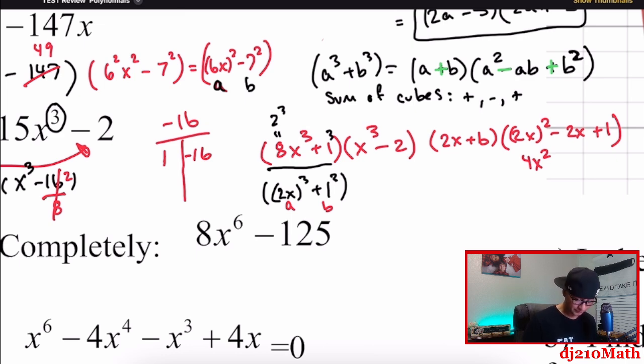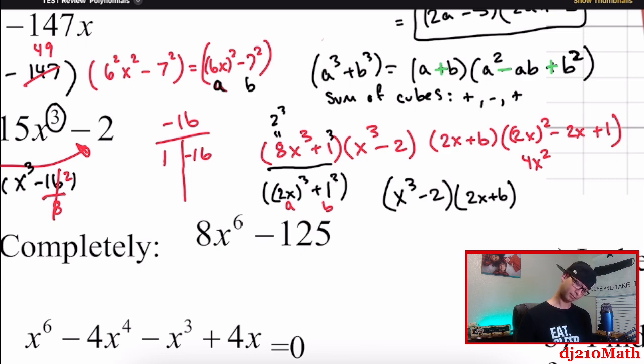So final answer: x cubed plus 2... right, this can't be factored anymore, 2 can't be rewritten as a cube. 2x plus 6... Oh, I put b. Maybe you caught this. It is a plus b, but in this case, b is 1.